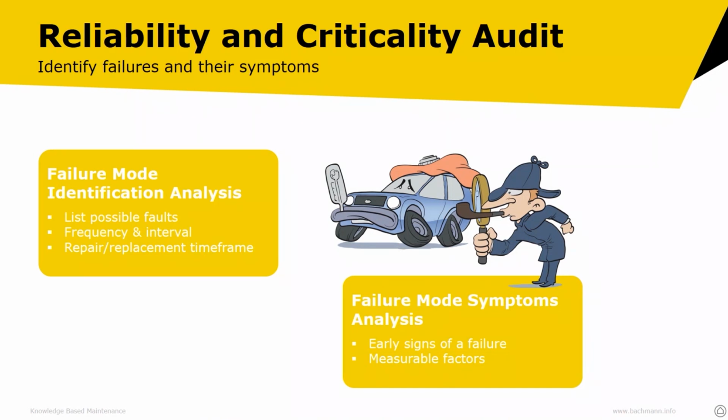And for each failure mode that you identify, you then do what's called a failure mode symptoms analysis to work out how you could spot the early signs of that failure. These have got to be measurable factors. So a symptom which involves something blowing up and not being usable anymore has told you there's a failure, but it's no use as an early indicator.